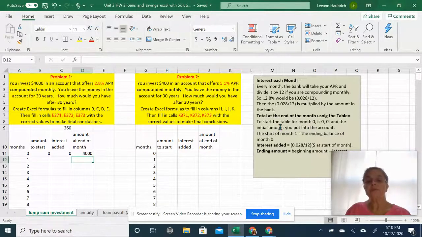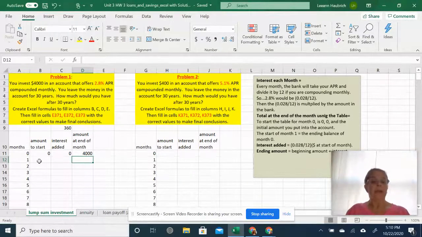So I put the directions over here, the total at the end of the month using the tables. Initially, you start with 0, 0, 0, and 4,000 like we did. Then the interest is going to be the APR divided by 12 times the starting amount. And then the ending amount is going to be the beginning amount plus your interest.